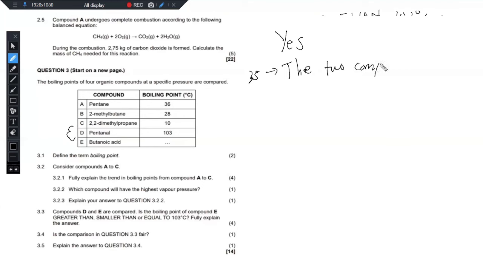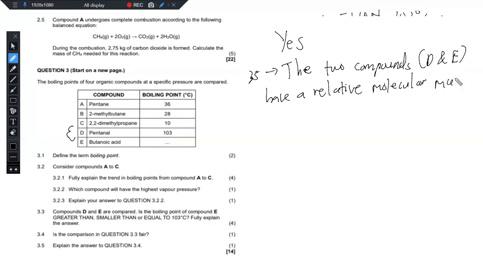The 2 compounds, D and E, have a relative molecular mass. Now we can compare them because they're within the same mass, right? So it might not be exactly the same, but then they have a similar relative mass.